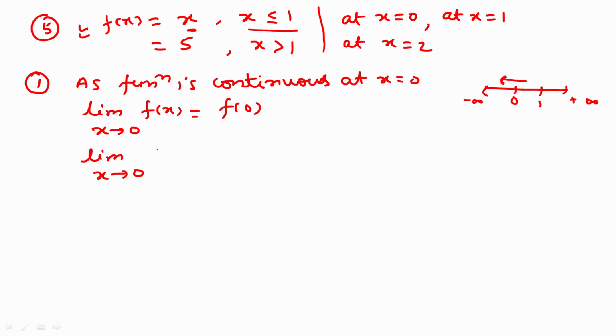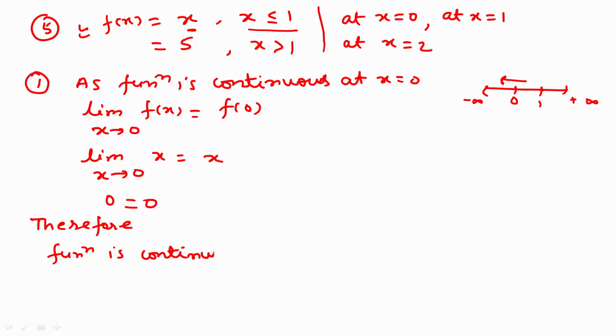So limit x tends to 0 of f(x) is equal to f of 0, that is x on taking limit 0 is equal to 0. Therefore the function is continuous at x is equal to 0.